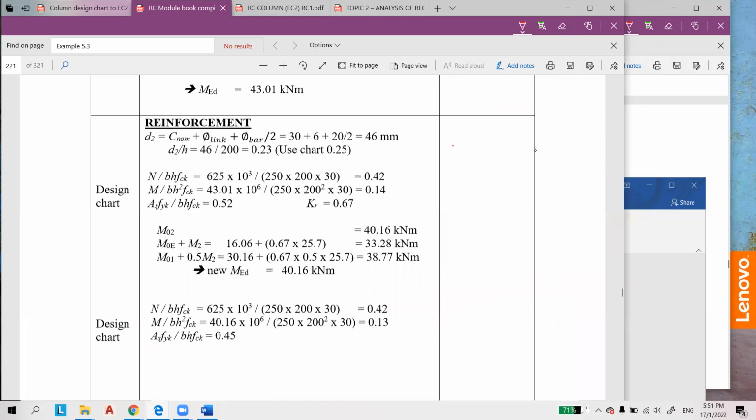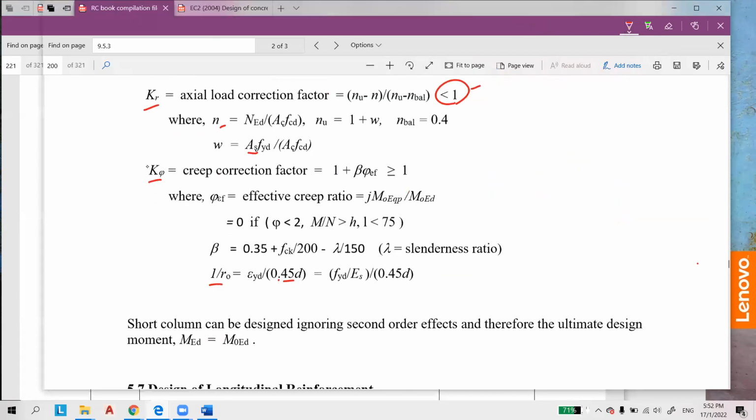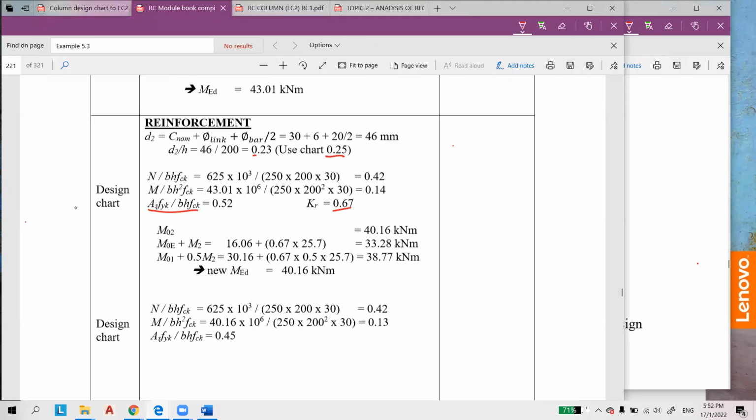Similar process as the previous example, but in this case we use chart 0.25, and for this, I'm not sure why the value is 0.67, but this one is nearly close to the w. If you still remember, the value of w is equal to this one, 0.52.